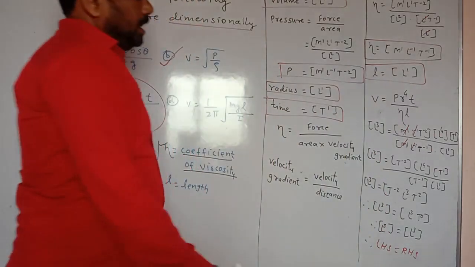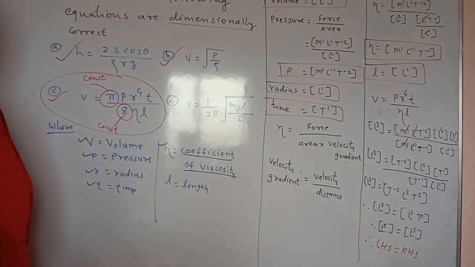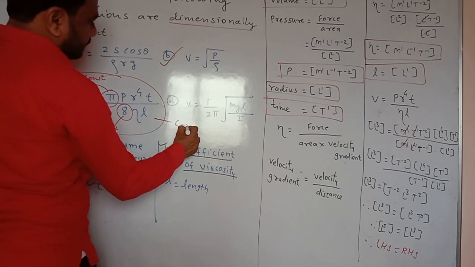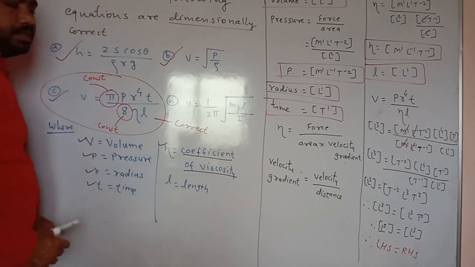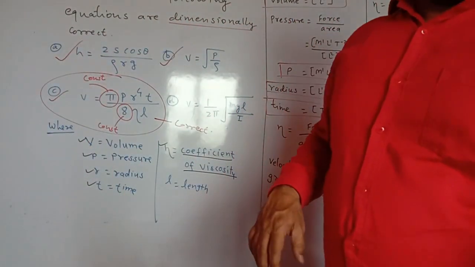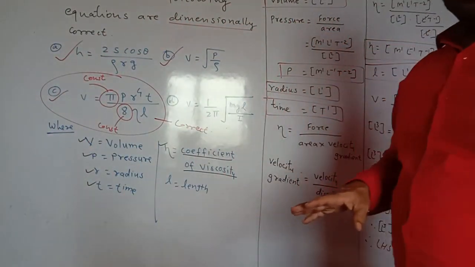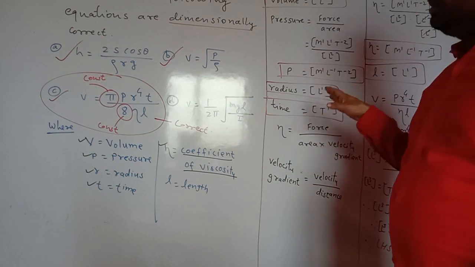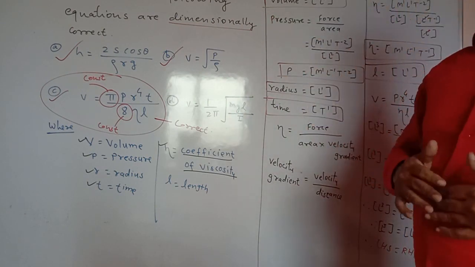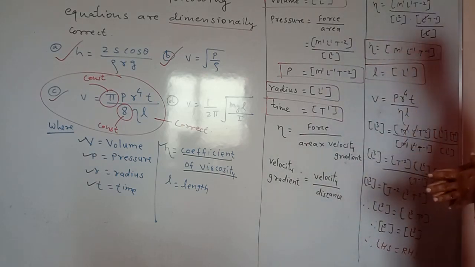So both sides are equal here. Therefore this given equation is correct. So in this way, whatever equation is given to us, using dimensional analysis we can prove whether it is correct or not. So this is the third problem which is taken from H.C. Verma.